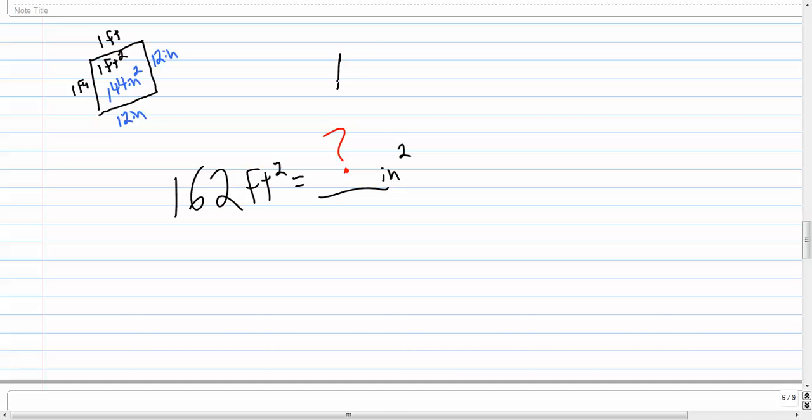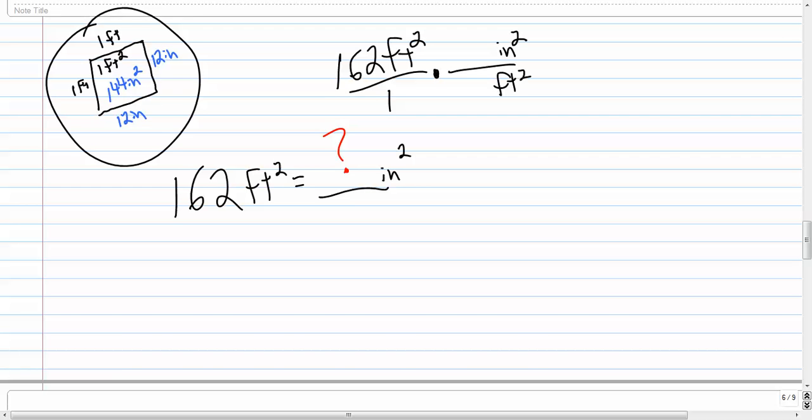So I've got my 162 square feet, or feet squared. I'm going to put it over 1. And I want to get rid of square feet, and I want square inches. So what I figured out up here was that 1 square foot is 144 square inches. So this gives me my equality.